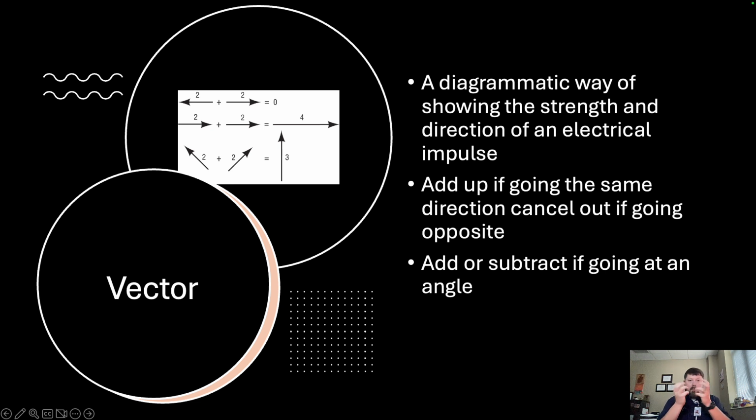So if I've got a bunch of different cardiac cells that are creating an electrical impulse, and some of them are going to be going one way, this way, that way, but the ones that are all going in the same general direction, those will be combined together to create the axis.